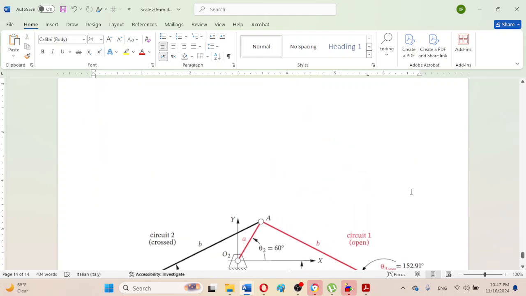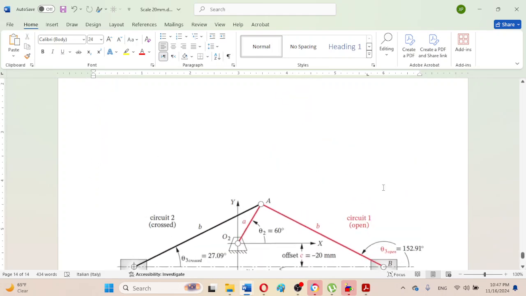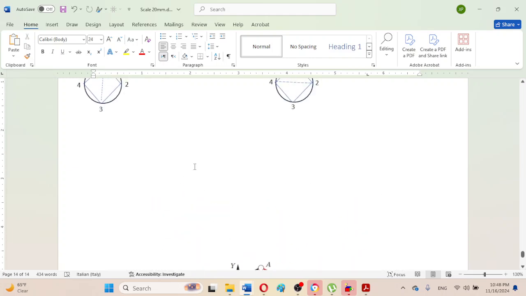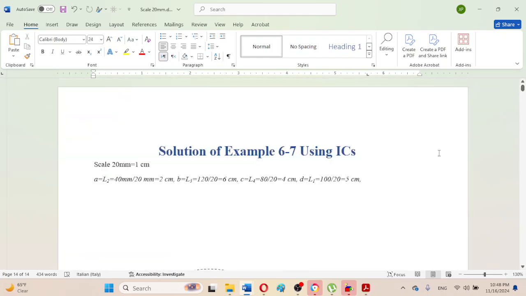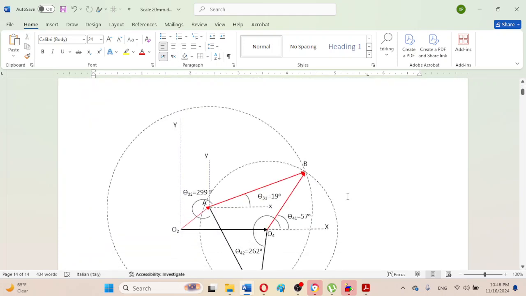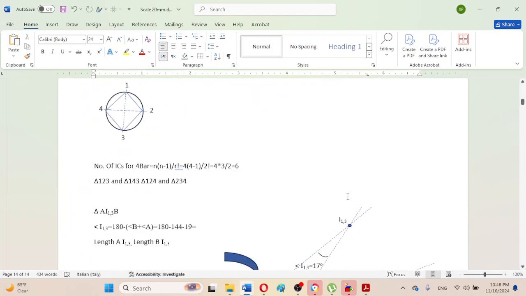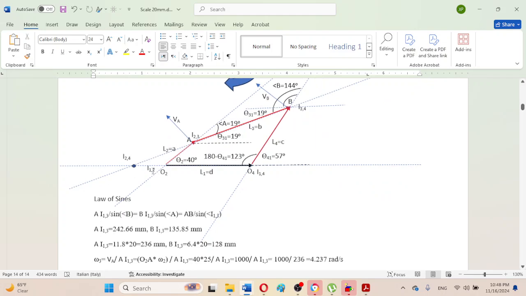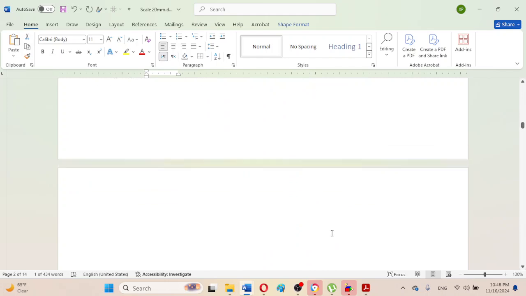So first denote the known instant centers using the common nomenclature that can also be copied from another diagram which has already been defined here. For example, this is instant center 1 comma 2.